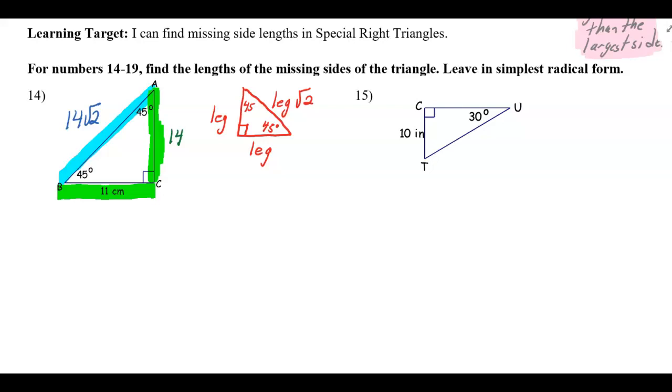For problem number 15, we have a special 30-60-90 triangle. And I'm going to summarize the special 30-60-90 triangles here with this blue triangle. So here I'm drawing a special 30-60-90. In class, we call this green leg the hypotenuse.